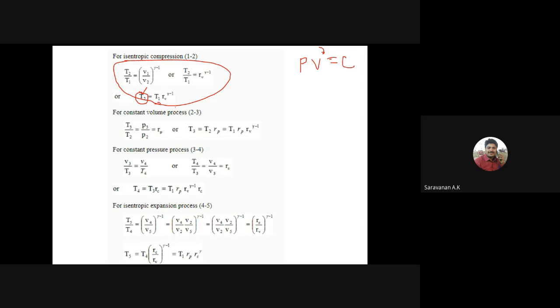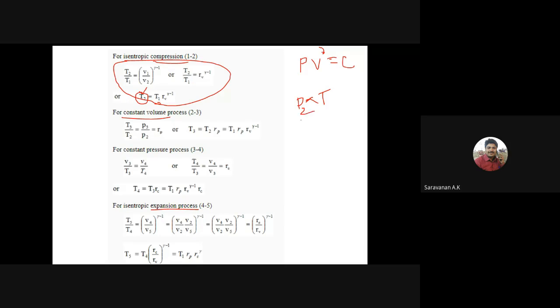The T2 temperature we can take in the form of T1, and the same we can use for the adiabatic expansion, right? So at the constant volume process, the volume will be the same and P is directly proportional to the temperature, right?